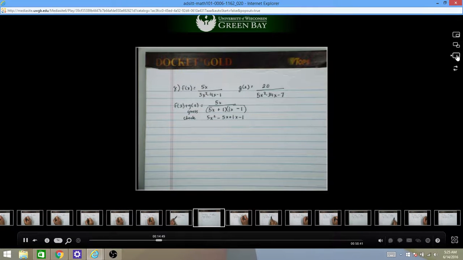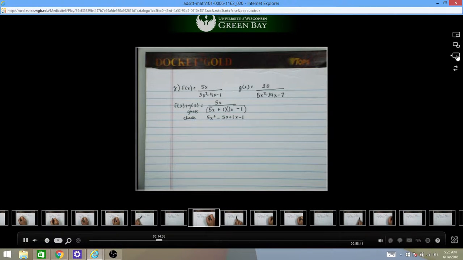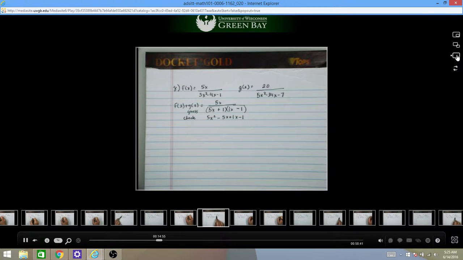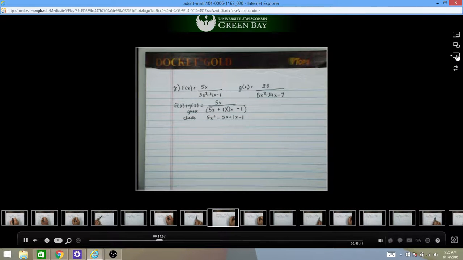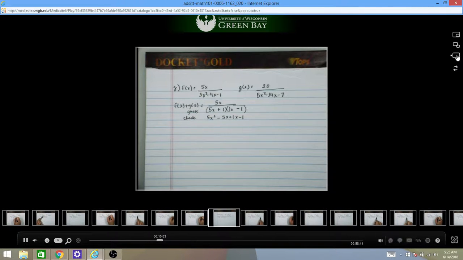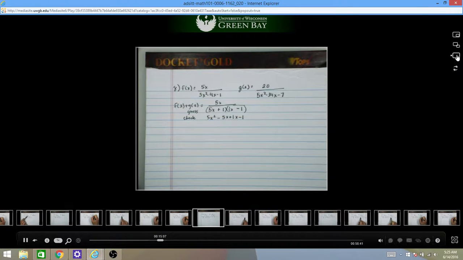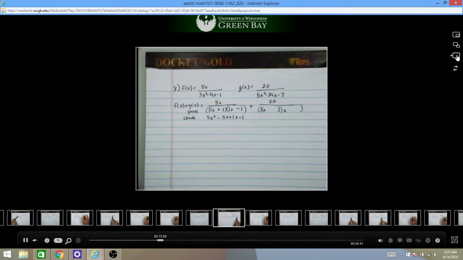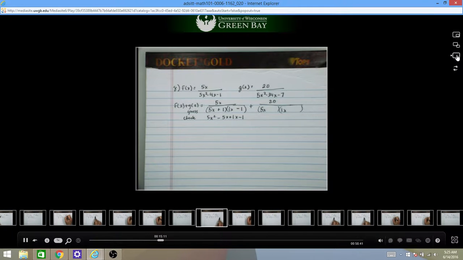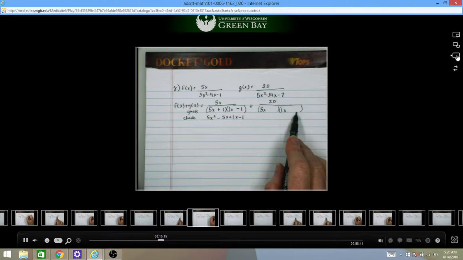We can use guess and check because the numbers there are not too bad. We have to have a 5x times a 1x to get 5x squared. But now negative 7, that also has to be a 1 times 7, and one of those needs to be negative. So we've got to figure out, do I put the 1 here or the 7? What goes where? So you'd put it down, and then you'd guess, and then you'd check.